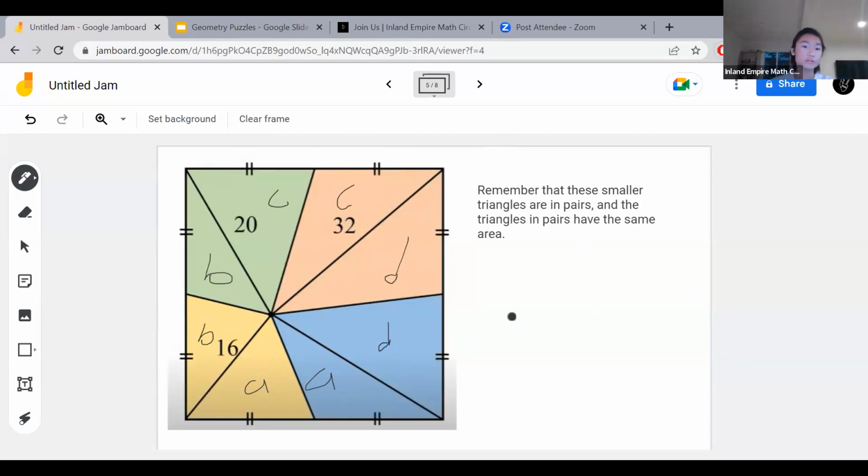All right, so we do know, again, the problem told us the areas of these sections, right? So we know the section in green has an area of 20 centimeters squared, the section in red has an area of 32, and the section in yellow has an area of 16. So now using that, we can just simply write out what we know. A plus B down here will give us 16.